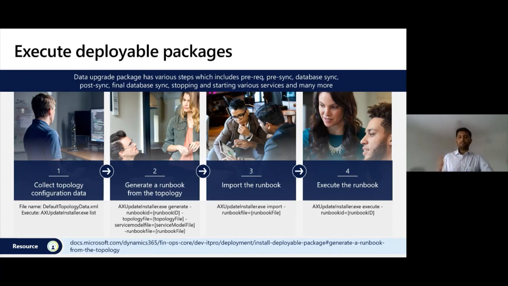While we do the steps, if we are stuck in any of the data upgrade steps, we will be able to correct them and then rerun them without resetting the complete environment. So you have all the flexibility that you would want to run in the dev environment. So utilize the command line feature to execute the data upgrade package in the dev environment.